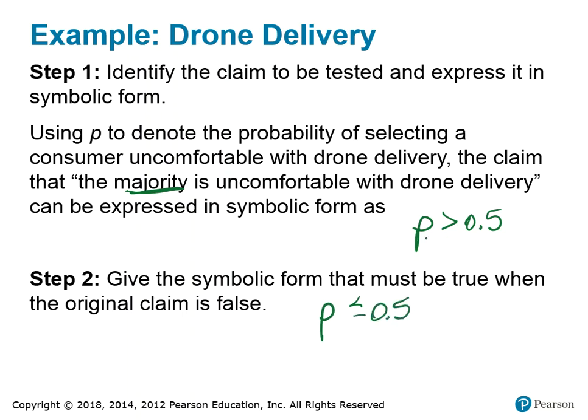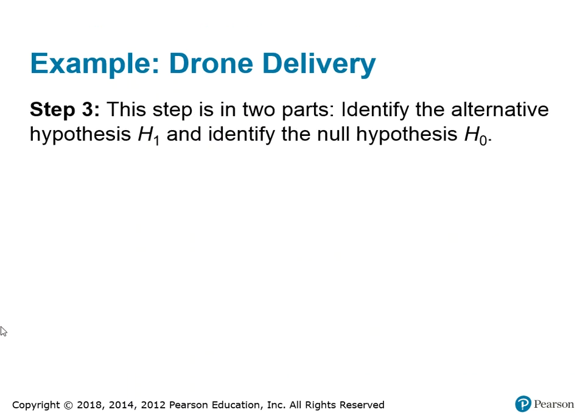So this is the claim. This is the other option. So we know it's either going to be the claim or it's not going to be the claim. So step 3 is to write our null hypothesis and our alternative hypothesis.